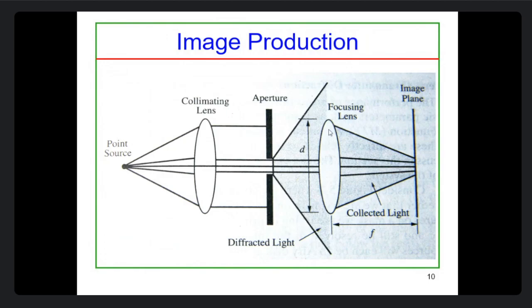As you can understand, if I increase the size of the lens, that means if d increases, automatically I can collect more light and refocus. The information that is being lost from the side can be minimized. So as d increases, we can collect more light that leaks and focus it. From this figure you can very easily say that.